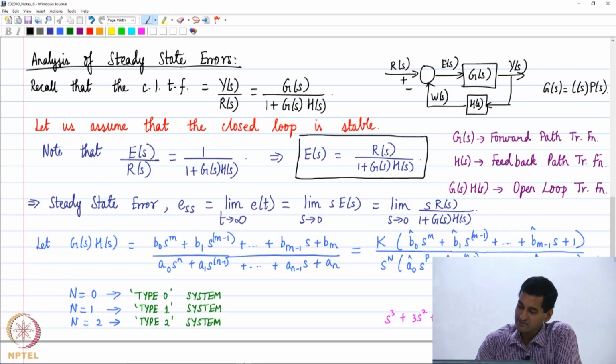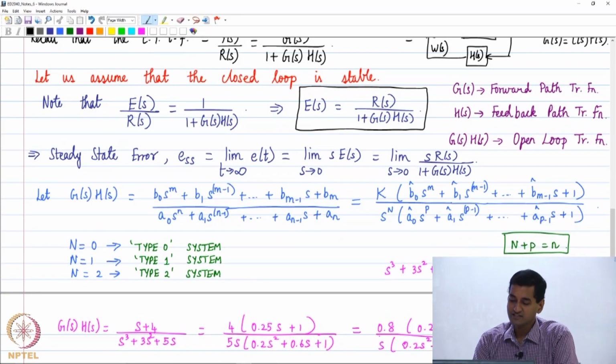That is something which we are going to look at in detail today, and using the final value theorem, the steady state error, which is essentially limit t tending to infinity e of t, is limit s tending to 0 s times E of s, which is given by limit s tending to 0 s times R of s divided by 1 plus G of s H of s, right.